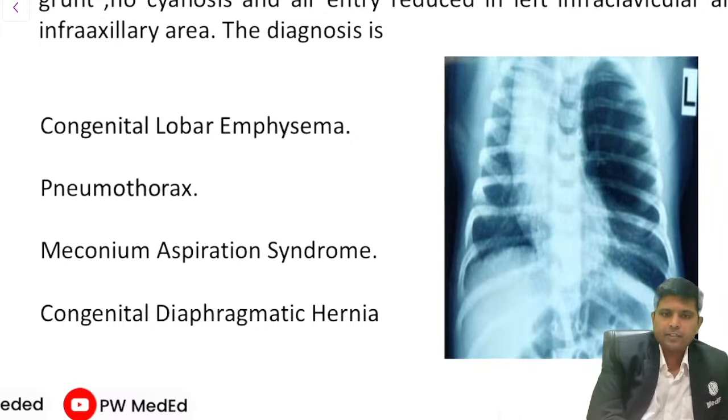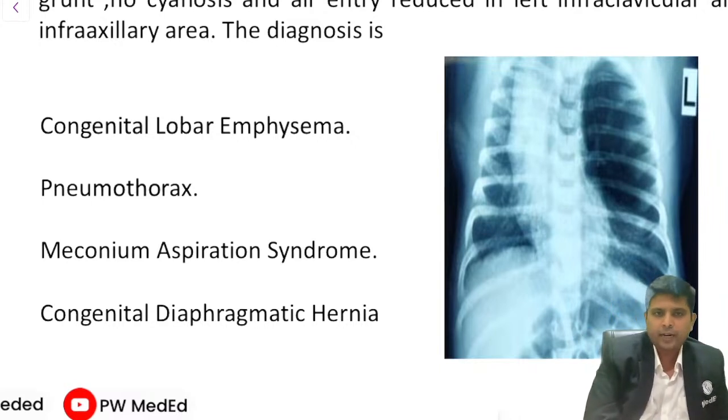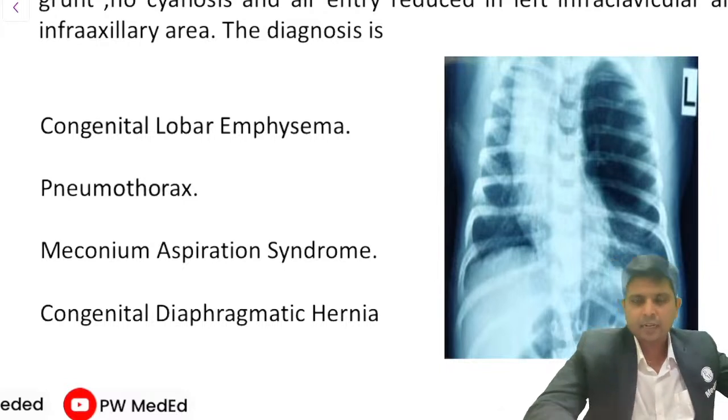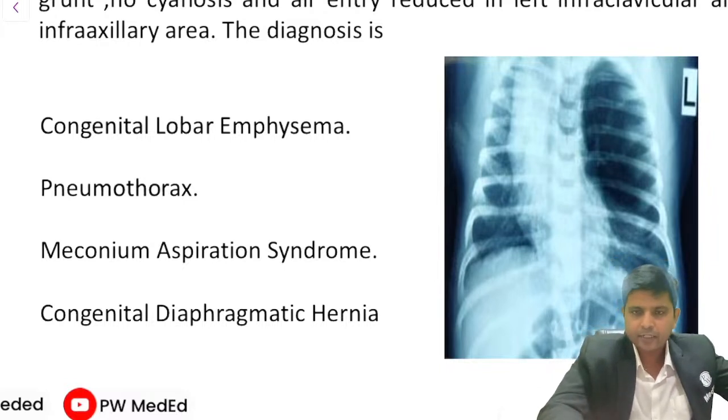Congenital lobar emphysema, 2. Pneumothorax, 3. Meconium aspiration syndrome, 4. Congenital diaphragmatic hernia. And it was discussed in our FMGE section just 2 days back. If someone has not listened to that video, you can just go and listen to it. In that video, we had described an approach to respiratory distress in newborn.